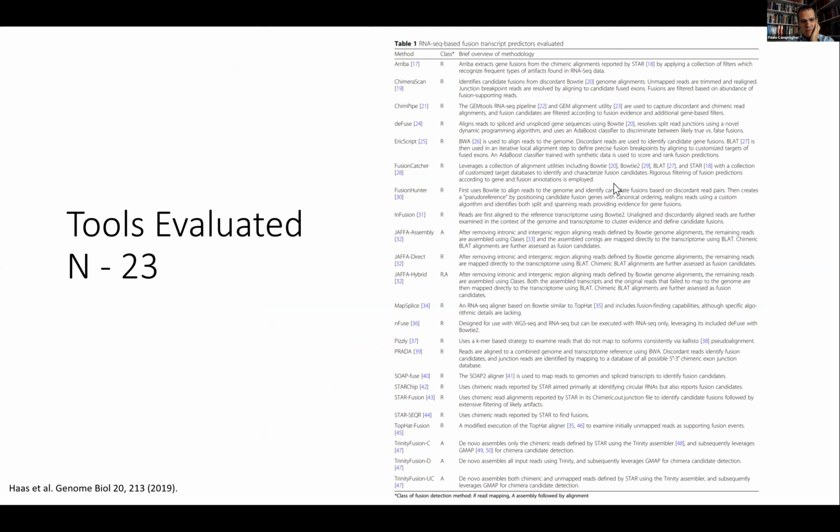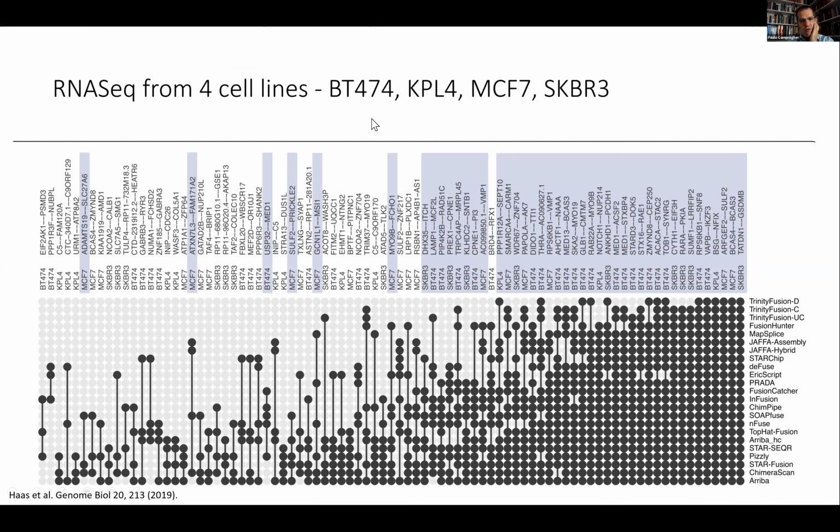Here they studied basically 4 breast cancer cell lines that have been extensively studied. They took the RNA-seq data, tried different fusion callers, and were looking for accuracy and speed, right? How fast these tools can process samples.